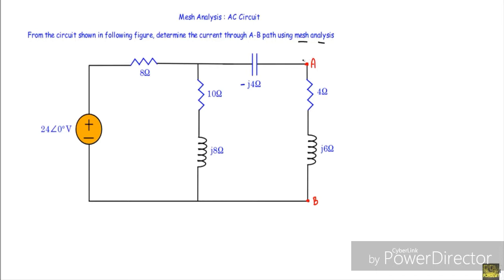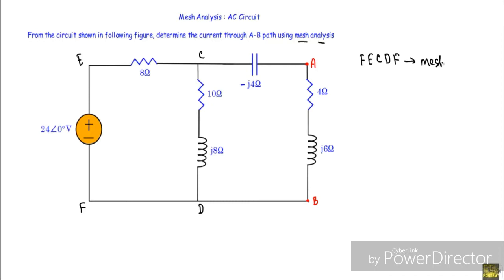So for mesh analysis, at first we have to identify the total number of meshes in the network. It is evident that there are two meshes in the network. Let's say this is point C and this is point D. Let's say this is point E and this is point F. So you will see this F, E, C, D, F will form a mesh.